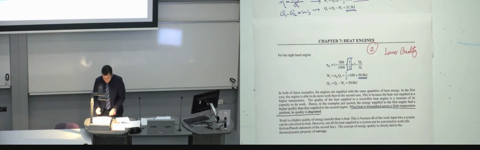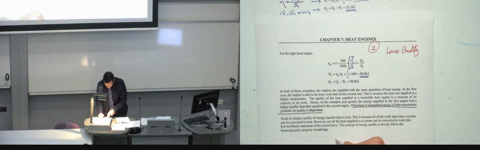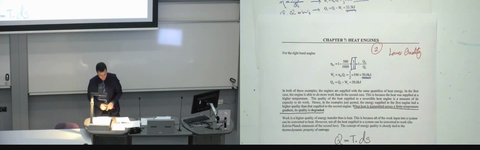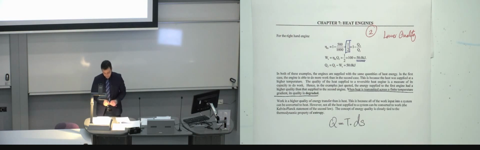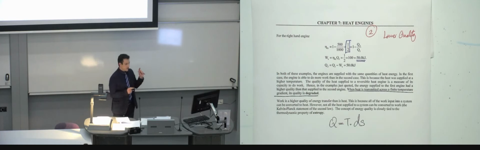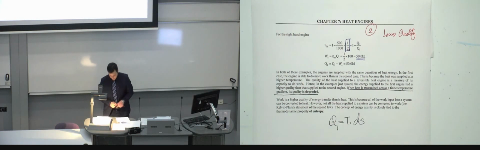And I think the way to explain this is by looking at the equation which we defined on Monday. Q is equal to T dot dS. In these two heat engines, the amount of Q was fixed, right? So Q1, for example, was the same, was 1000.